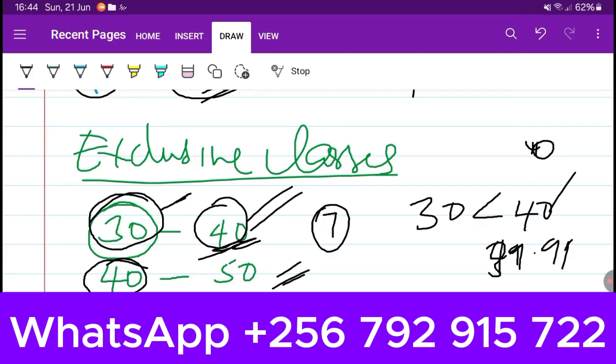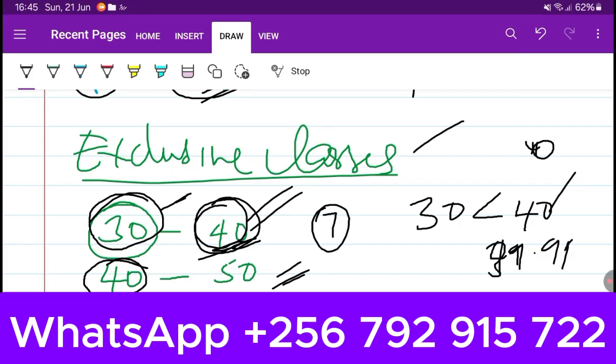So it depends on what you are defining. When I'm defining an upper class limit of an exclusive class, you will see that this 40 is not belonging to this class. So the upper class limit belongs to the next class.